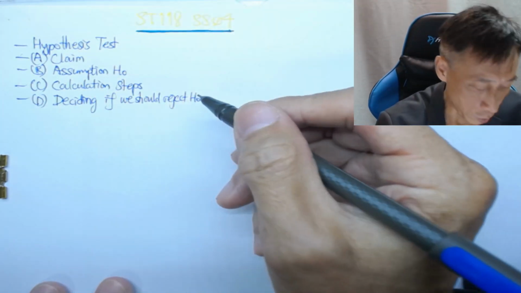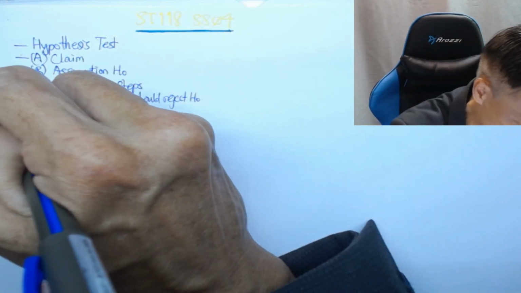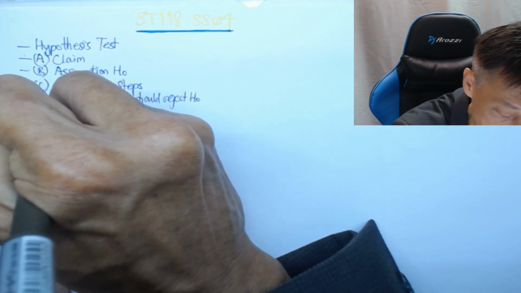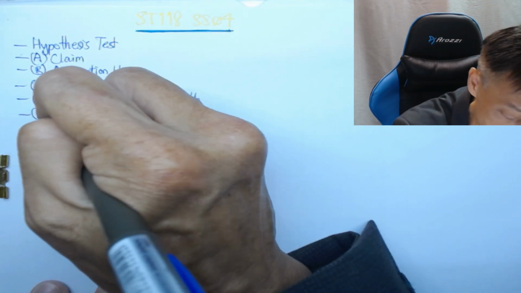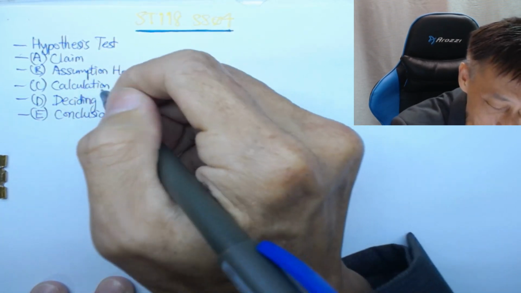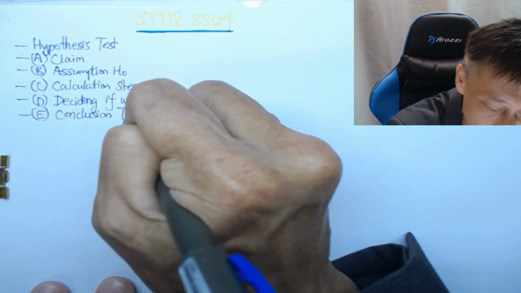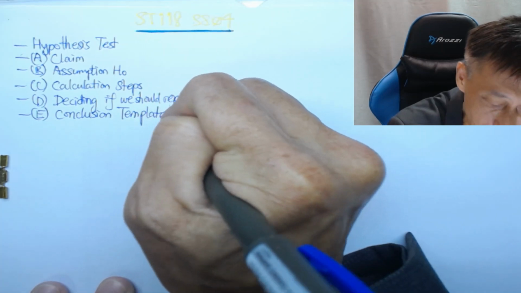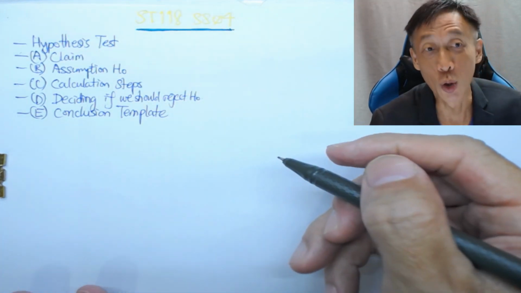We talk about H naught all the time, right? And E is our conclusion. Not our video lesson's conclusion, but the conclusion template that we can use across.